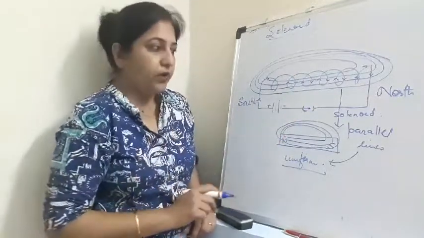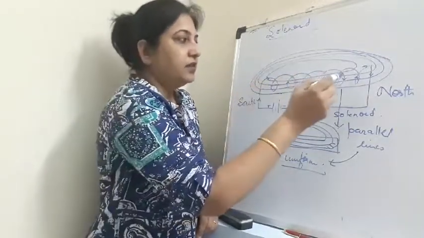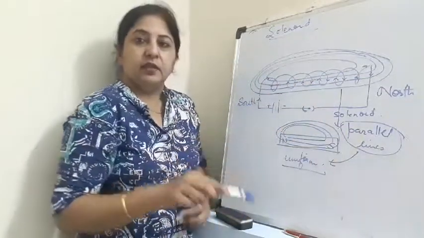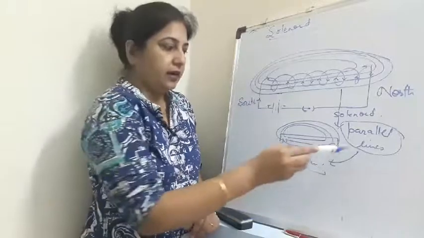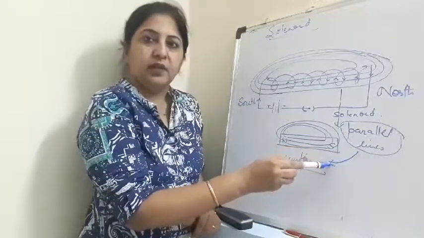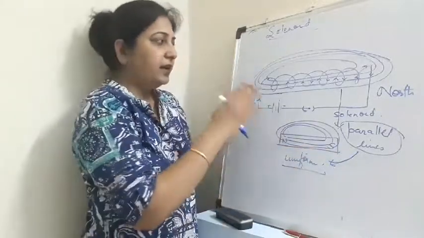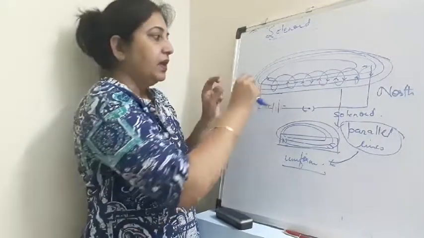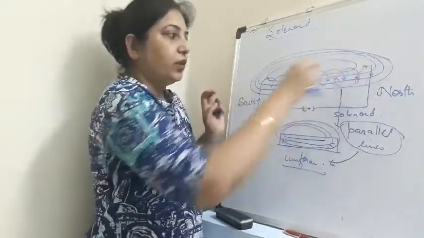I repeat these three points. The pattern created in a solenoid is parallel lines, showing that the field is uniform, or we can say that the magnetic intensity is the same at all these points.